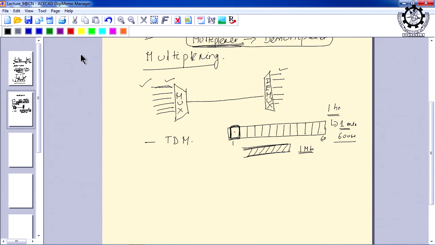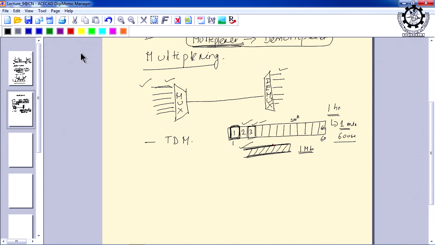That means every node from 1, 2 to 60 can be allocated the channel during their slot. Whenever the third minute comes, station number 3 gets the whole channel for its transmission. Similarly, at the 50th minute, the node whose ID is 50 gets the whole channel to transmit.